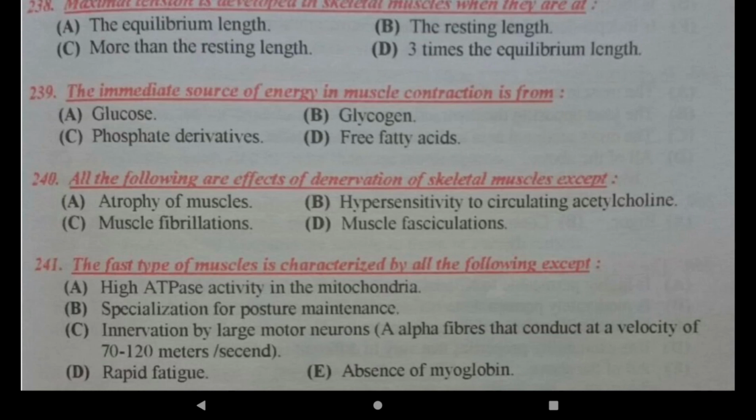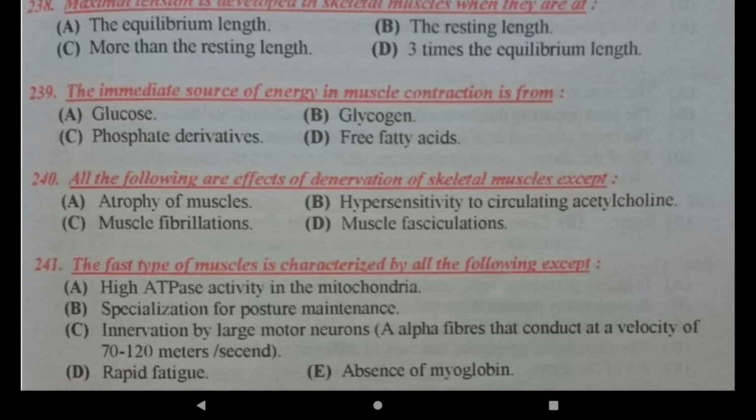Hypersensitivity to saturating acetylcholine is correct. And the muscle becomes atrophied. It becomes smaller in size. The muscle becomes far more sensitive to any saturating acetylcholine. Muscle fibrillation takes place, atrophy takes place, the muscle becomes very small in size, but muscle fasciculation does not take place in a denervated skeletal muscle.